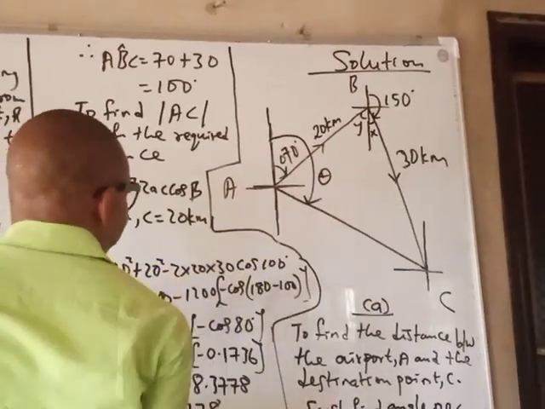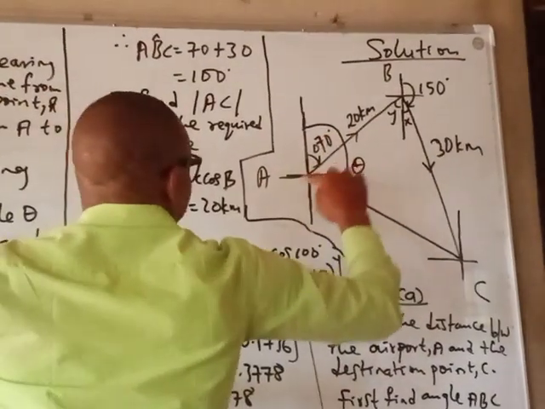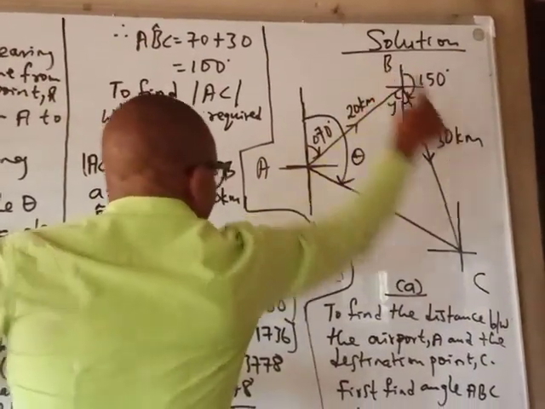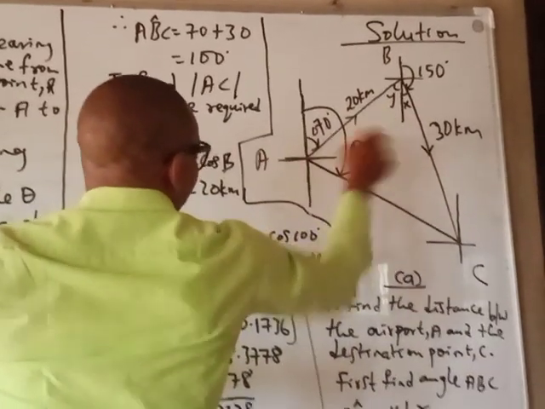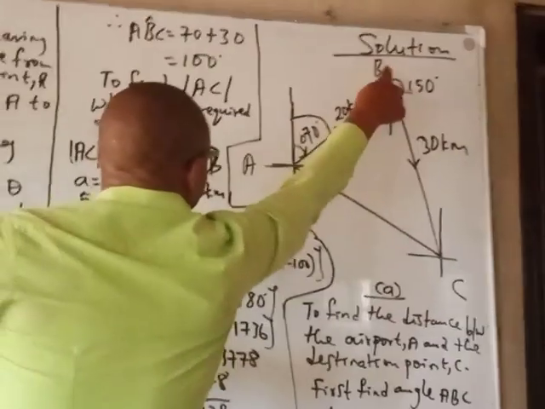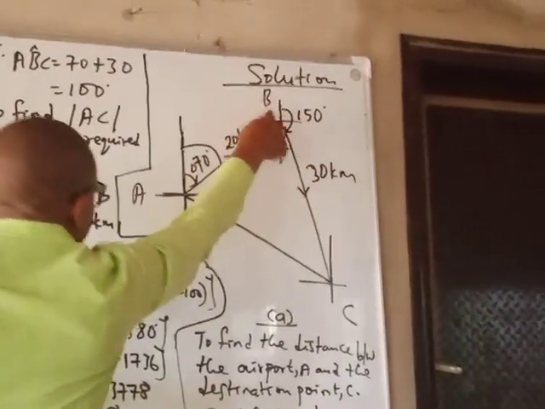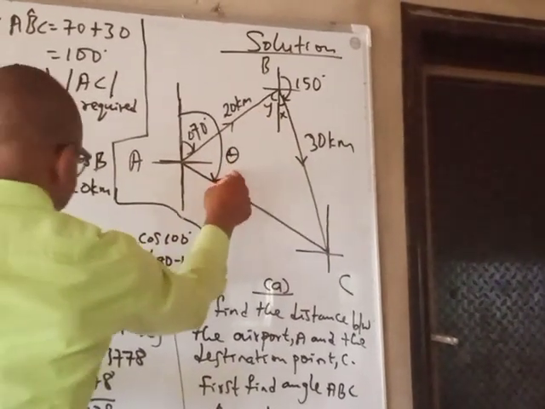Now, we find theta. Finding theta, we consider triangle ABC. In triangle ABC, theta is the angle at point A, which is angle BAC. So we use sine rule to find theta.